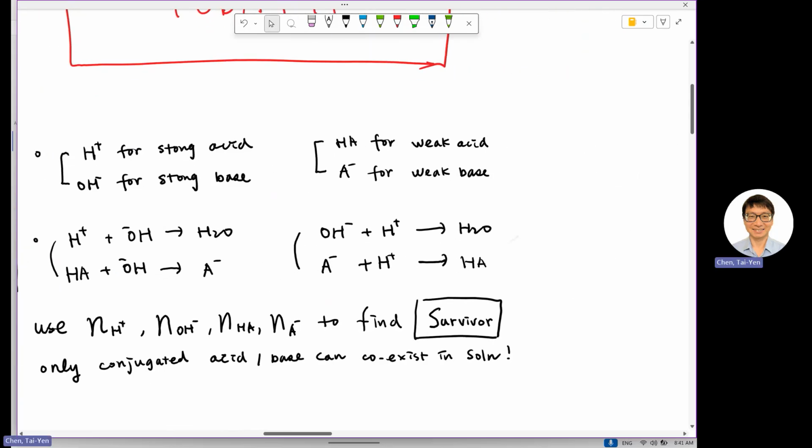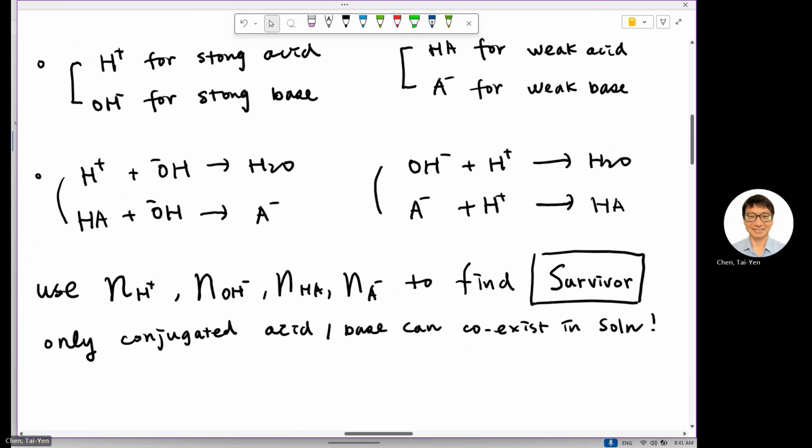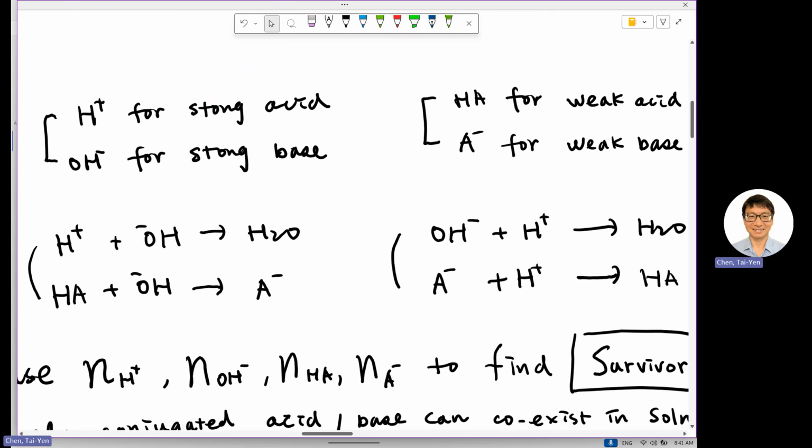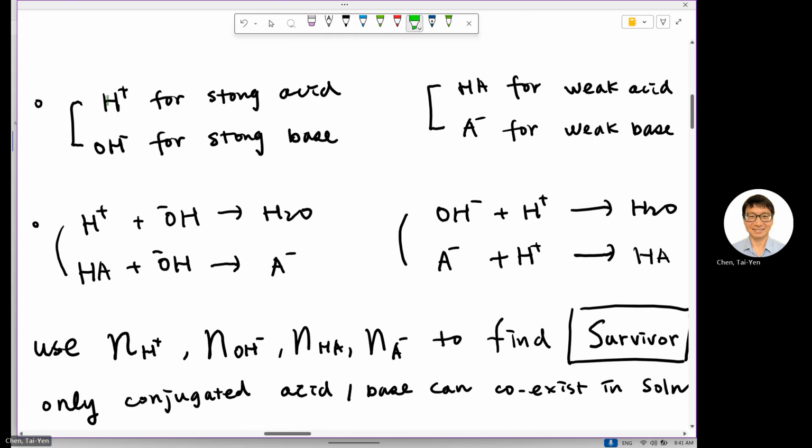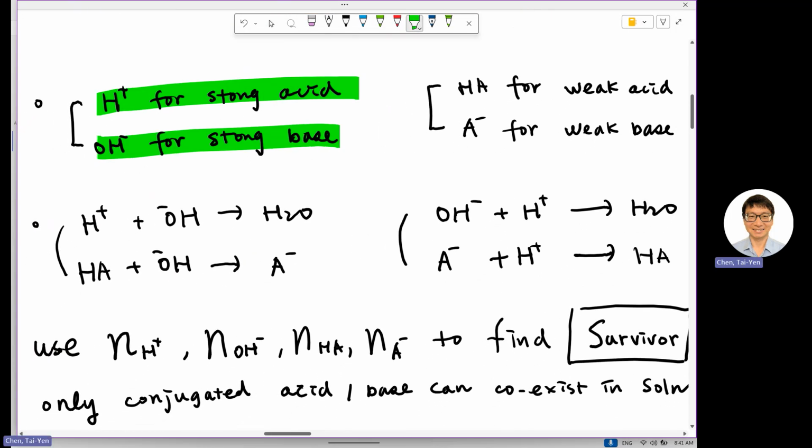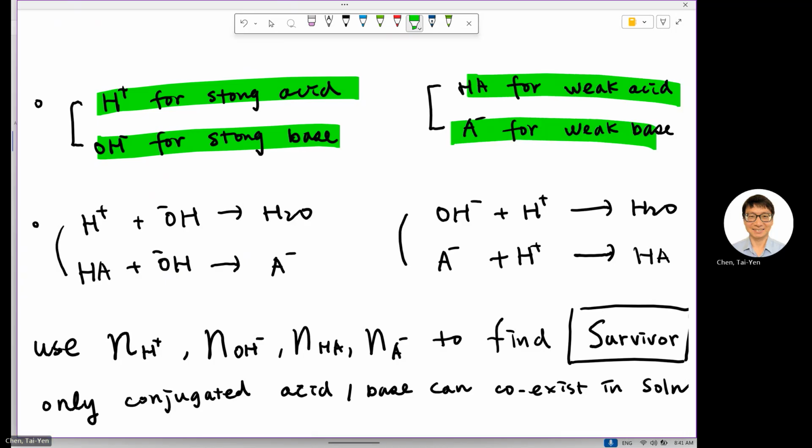When we do this recalculation of the solution, of your weak acid concentration or strong acid, strong base, or weak base concentration, we typically write some equation to help the thinking about what's really going on. Here I want you to get used to the nomenclature we're going to use.